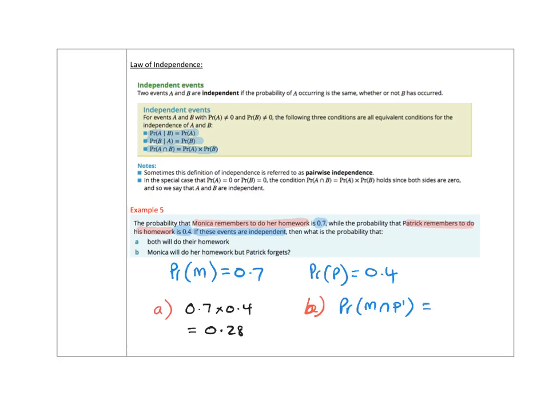Now we know that if probability of Patrick is 0.4, then Patrick complement must be 0.6, and we have the equation 0.7 times 0.6. Now 0.7 times 0.6, you might think of that as 7 times 6 is 42 over 100, so we get 0.42 as the answer.